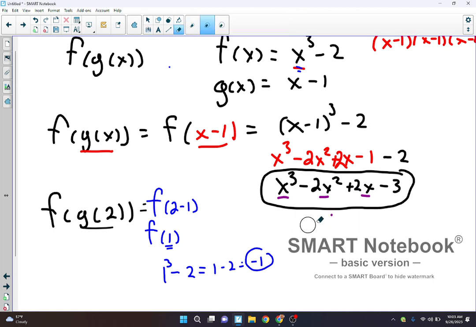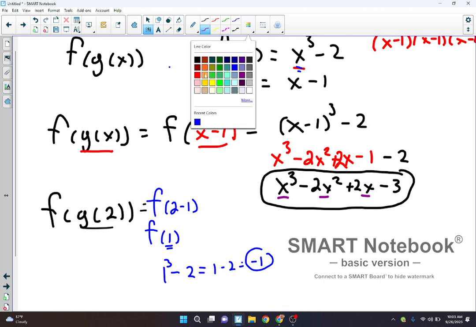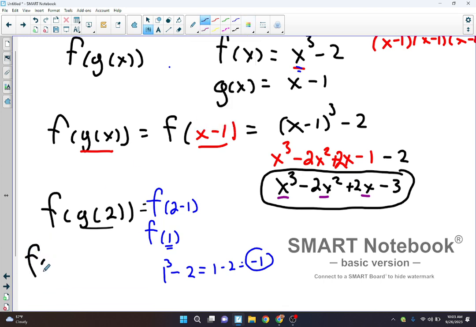Is f of 1 equal to negative 1? Well, I guess f of g of 2 is negative 1. F of 1 is 1 cubed minus 2, which eventually you get to negative 1. Okay? All right.